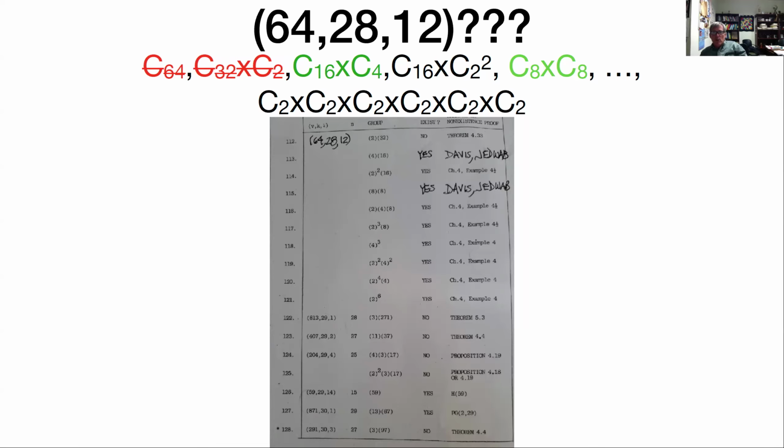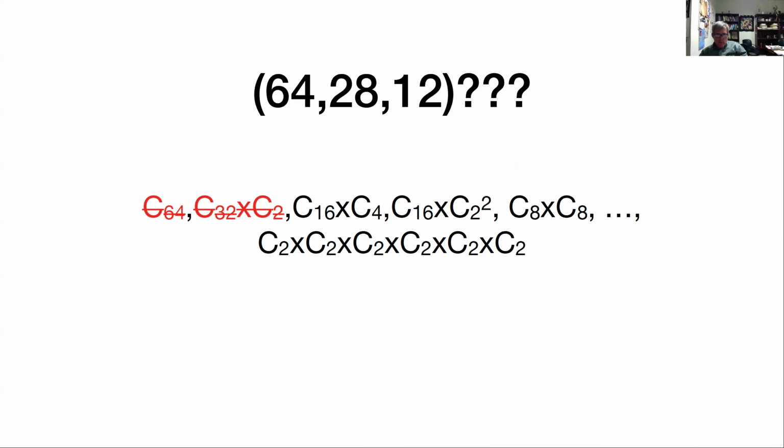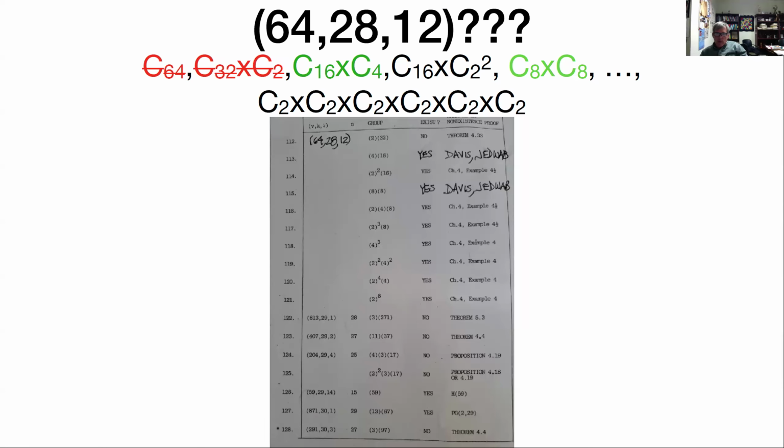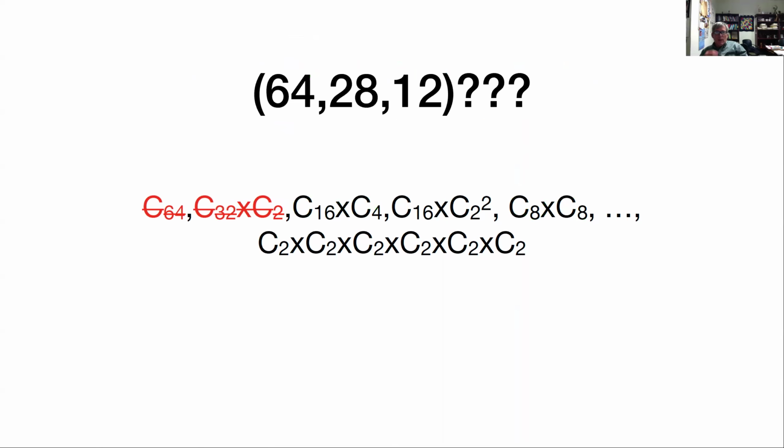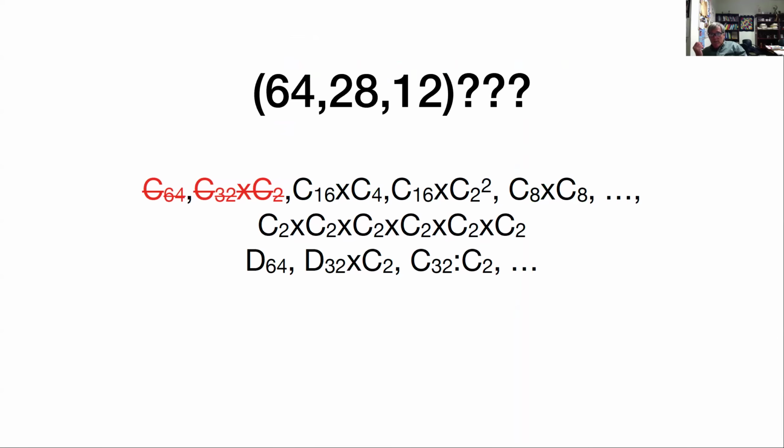That finished off the abelian case, but of course, like we saw in the groups of order 16, so we have yeses there, two that don't. We also have non-abelian groups. Dihedral of order 64, dihedral 32, direct product C2, some semi-direct products, and so people were banging away on the non-abelian groups.